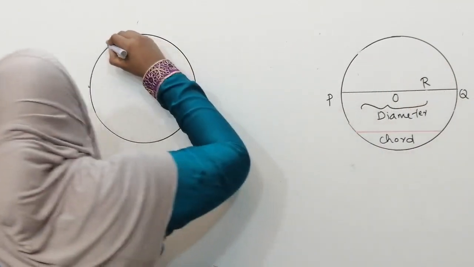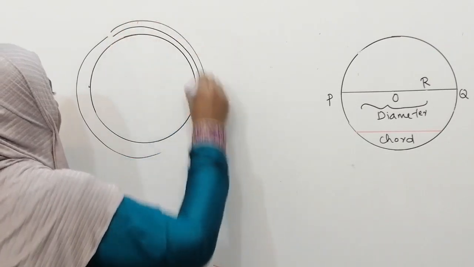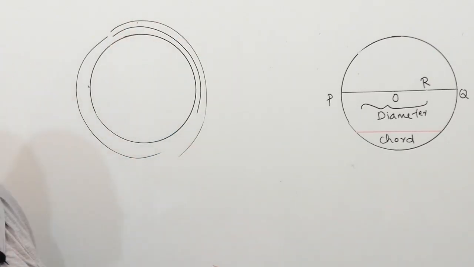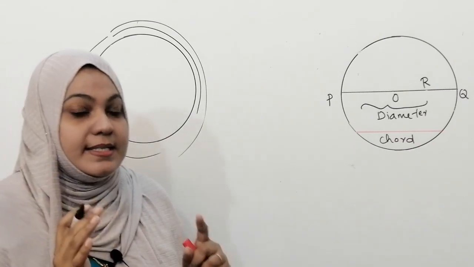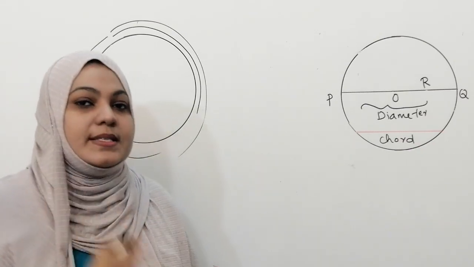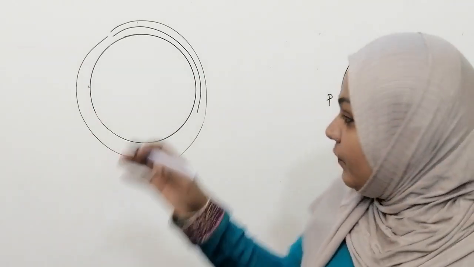So, that means this distance, this full distance, the total length of the circle is called circumference of the circle. I started with circumference before arc.